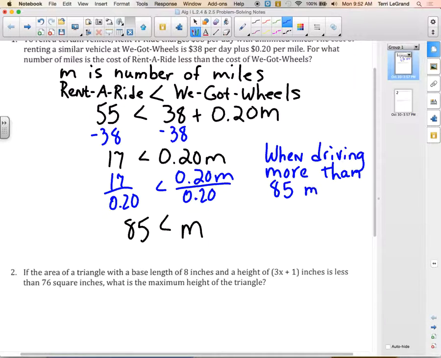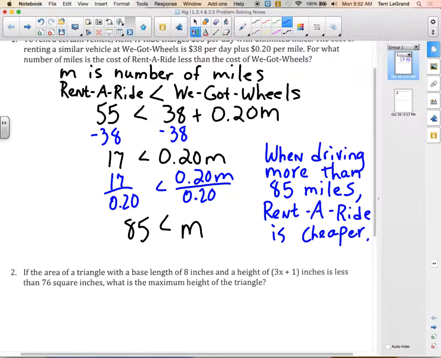So in other words, your destination is more than 85 miles away. So when driving more than 85 miles, Rent a Ride is cheaper, right? Now what less than the cost of something else means is cheaper. Okay. So when driving more than 85 miles, Rent a Ride is cheaper.